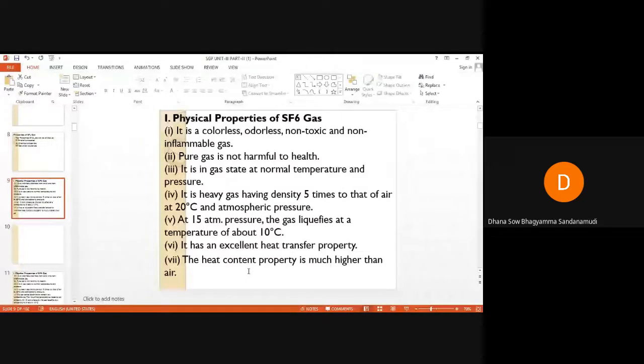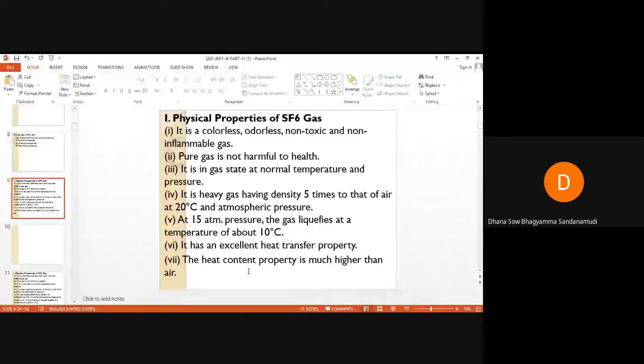The heat content property of SF6 is much higher than air. So this property of SF6 assists cooling of the arc space after current zero.